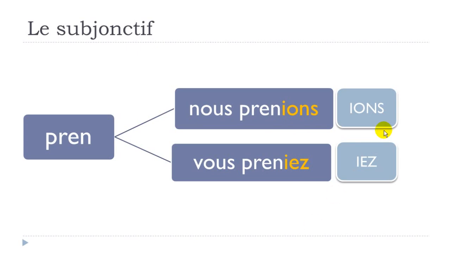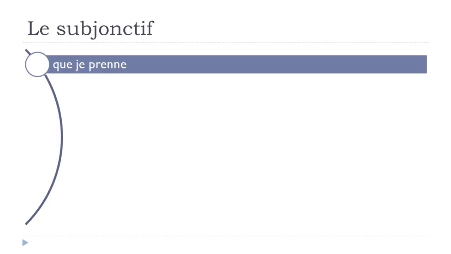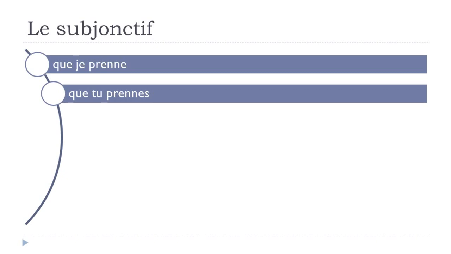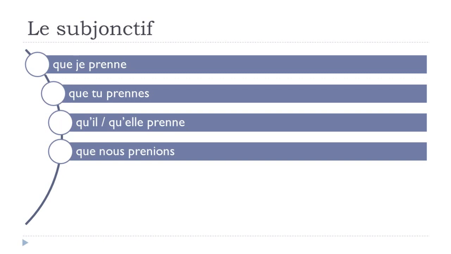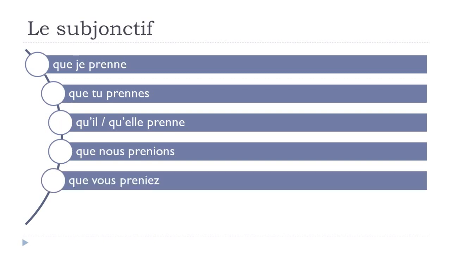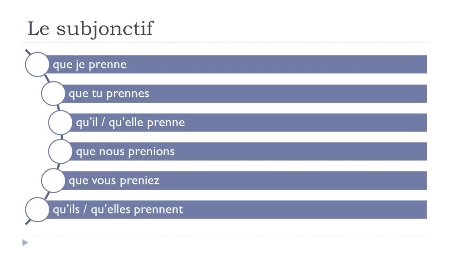If you remember, it looks quite familiar because it's the ending as well for the imparfait form that we saw a while ago. Okay, so let's have a look now at the full thing. Que je prenne, que tu prennes, qu'il prenne, qu'elle prenne, que nous prenions, que vous preniez, qu'ils prennent, qu'elles prennent.